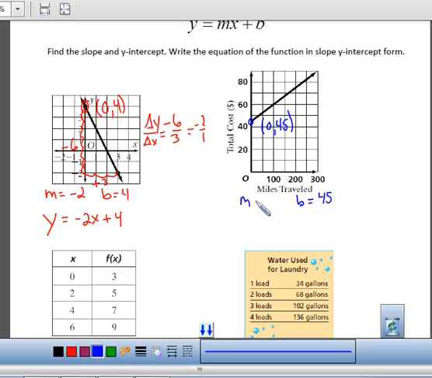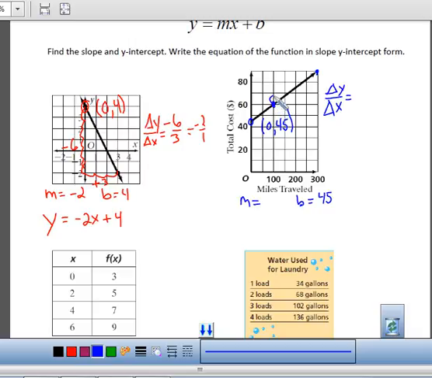We still have to find our slope. I could use (0, 45), but I'm actually going to take 2 other points, this one and this one. Actually, why don't we do the rise over run?